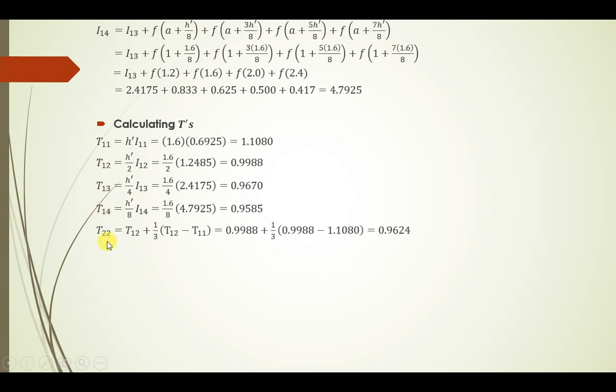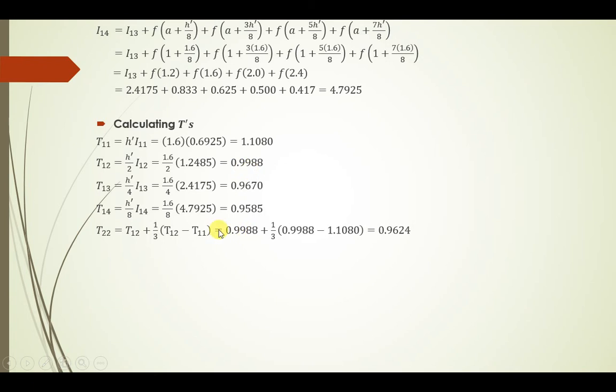Now t22. We have studied that the formula for t22 is this one. One less than this 2, so that is t12, plus 1 by 3 times the same t12 minus t11.